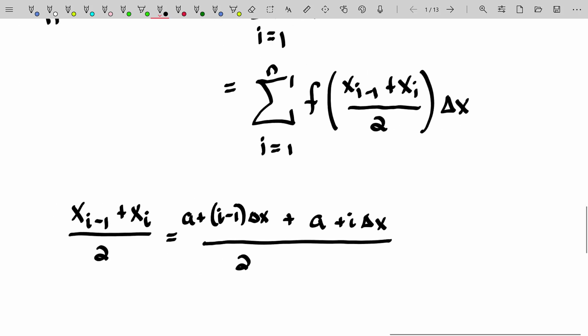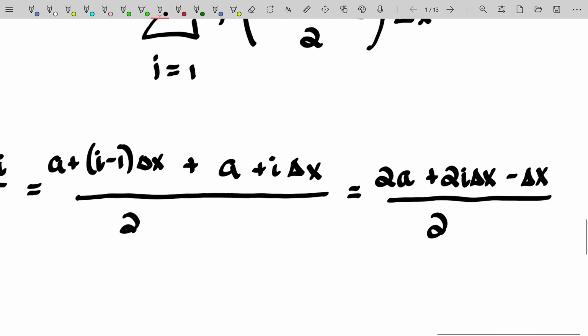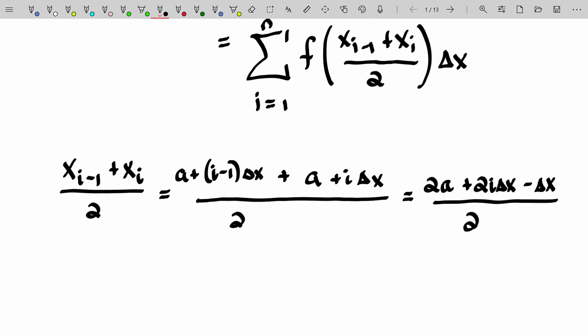If you clean this up, you'll get two a's upstairs. Let's see, an i delta x plus another i delta x, and then minus a delta x, all over 2. I really wouldn't memorize this formula. Instead, if I needed it, I would derive it. It was just that quick to derive. You can technically break this up a little bit and call this a plus i delta x minus delta x over 2, if you really wanted to.